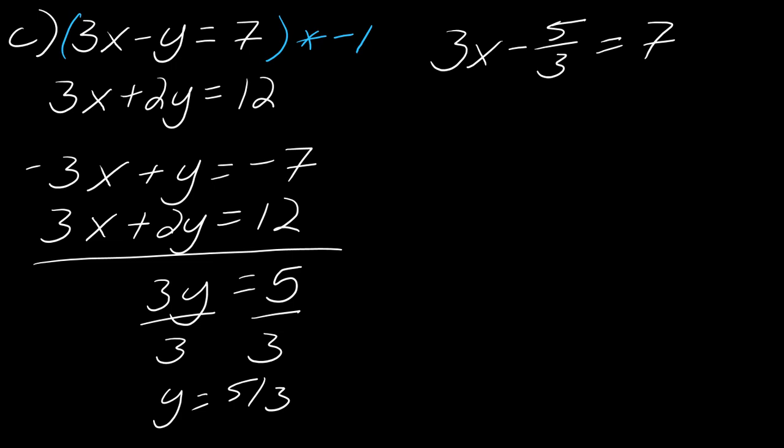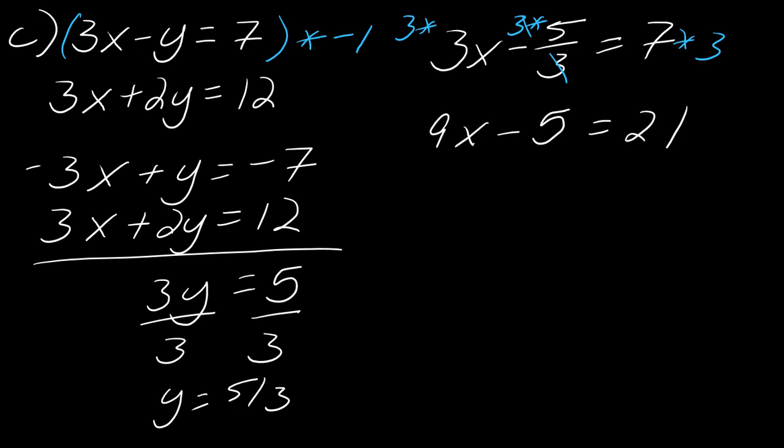So we can get rid of the fraction, of course, if we want, right? One of the tricks that we can always use is we can just multiply everything by the denominator. So I'm going to multiply everything by 3. And in doing that, I can cancel those out. And I'm left with 9x minus 5 equals 21. And now I can just solve for this as usual.